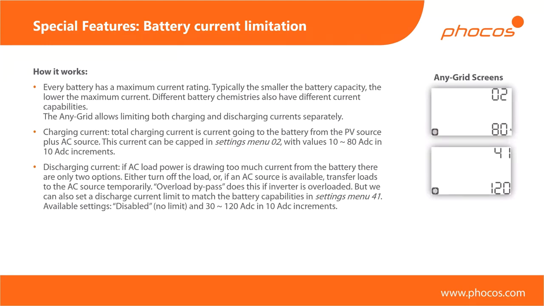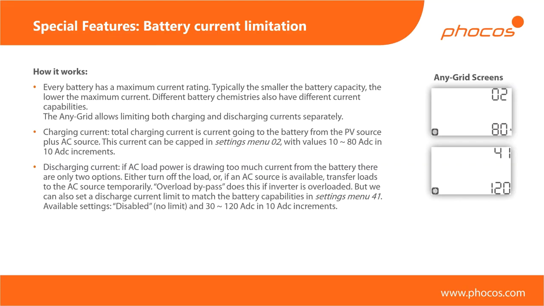Obviously, if you're using PV, then all of the PV power is being piped automatically right to the loads. That's always the first priority. It's just the way the unit is set up. And then anything that's missing would come out of the battery. But at some point, if you're overloading your battery, if you're discharging with more current than you can set up here, well, the only thing the inverter can do is shut down to protect your battery.